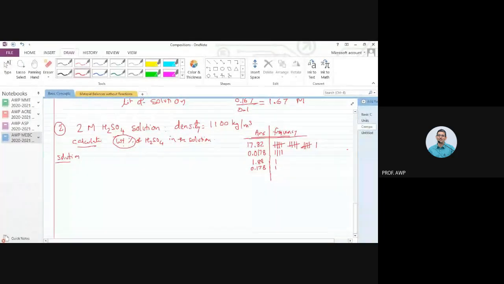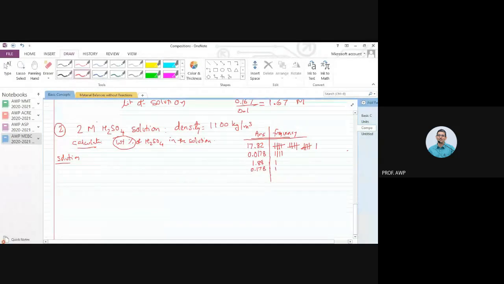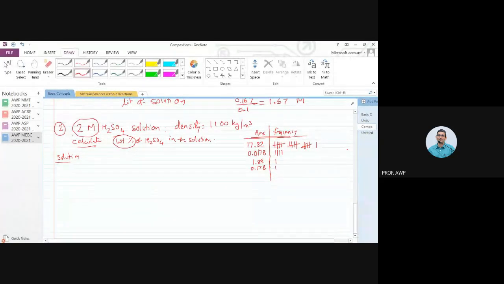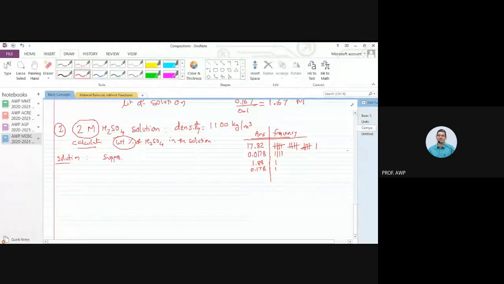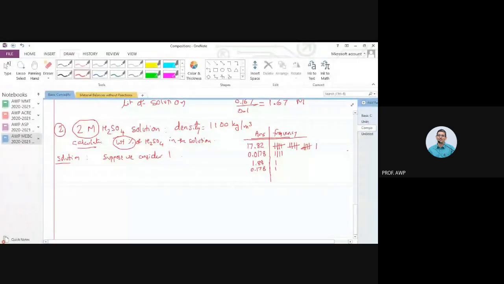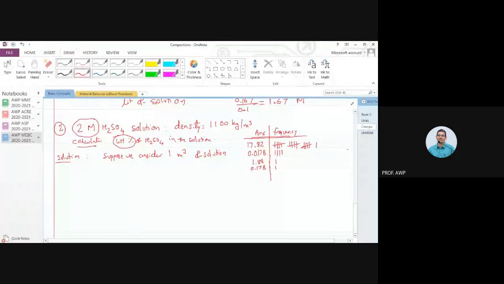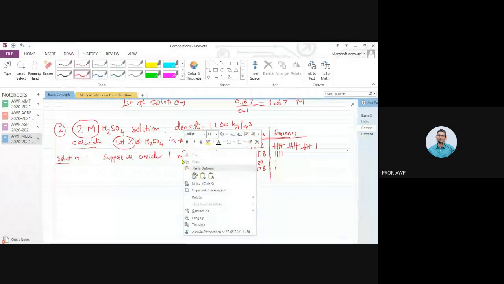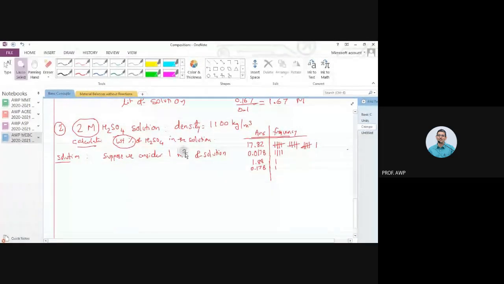We need to convert molarity. That means there is something about how many moles are dissolved in how many liters of solution. Suppose we consider one meter cube of solution.